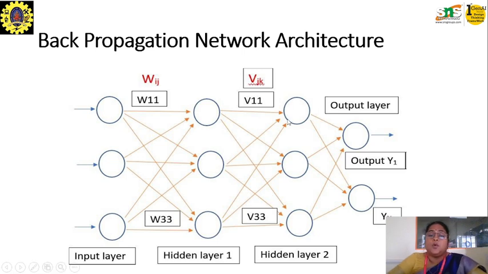Hidden layer 2 also computes weight into input plus bias, and that will be transmitted to the output layer. The output layer checks whether the data received is correct or not. If the data has any error, that will be back propagated to the initial input layer. So this was the concept of the backpropagation network.